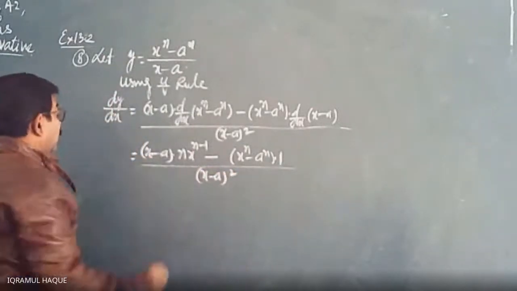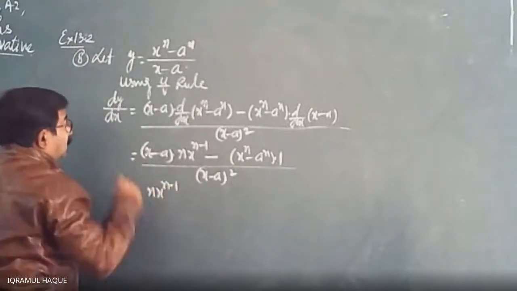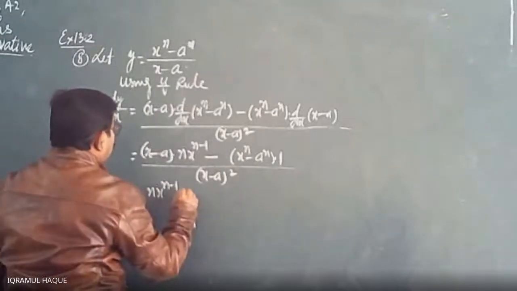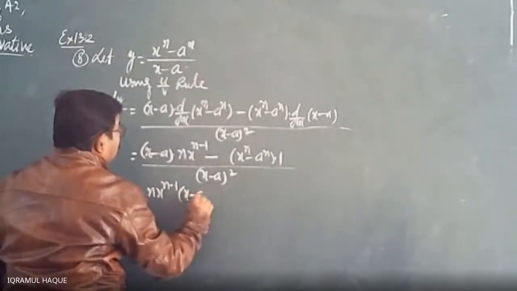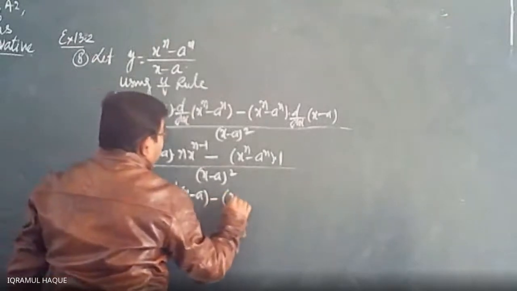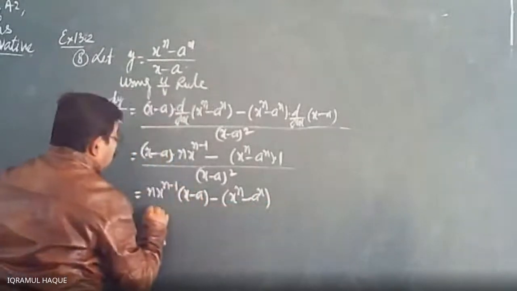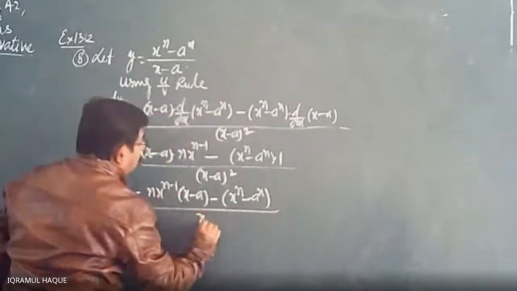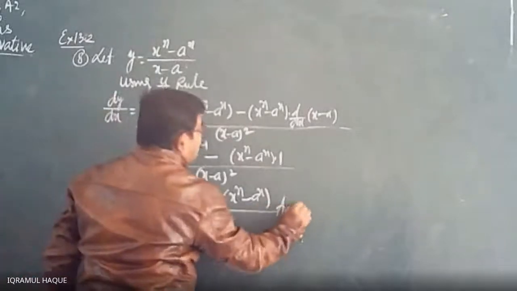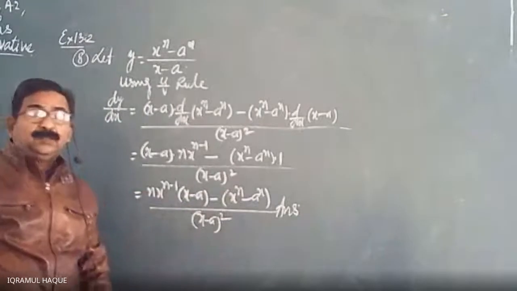So we have n x to the power n minus 1 into (x minus a) minus (x to the power n minus a to the power n) upon (x minus a) whole square. You can leave this much as answer, or you can simplify more by multiplying in this bracket. So both can be done.